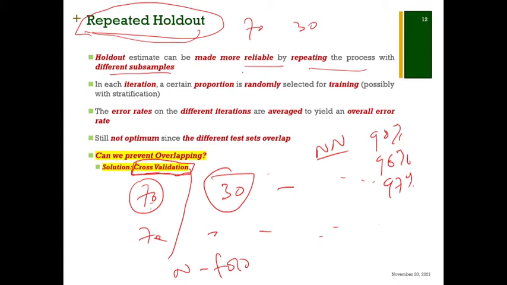When you finish, partition it again, 70%, 30%. You do it again. So you keep partitioning it. Which means some that were part of the testing set here can become part of training in the second partition. This one is part of training, testing here. Next time it could be part of. So this is the idea of repeated holdout.